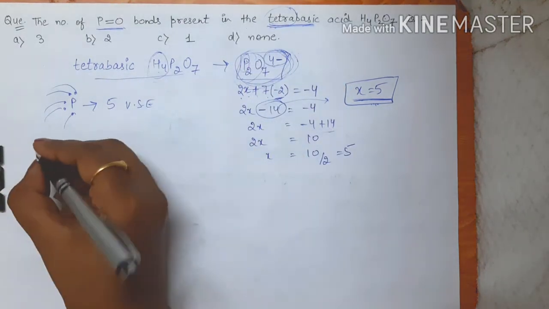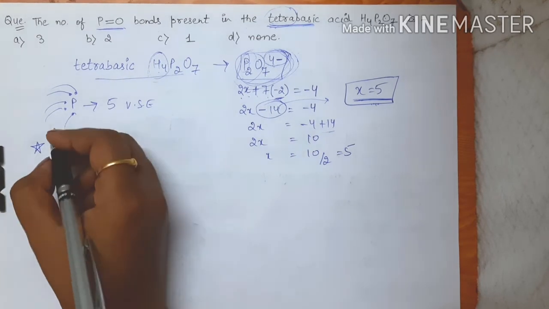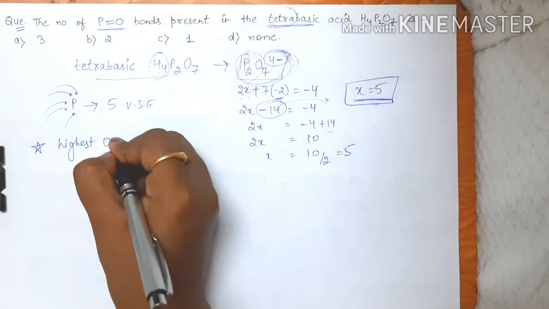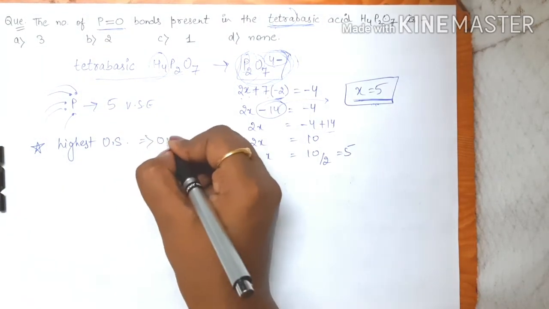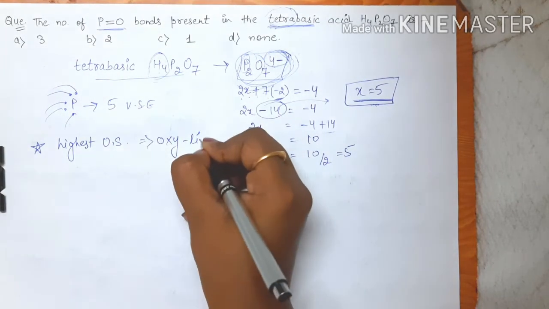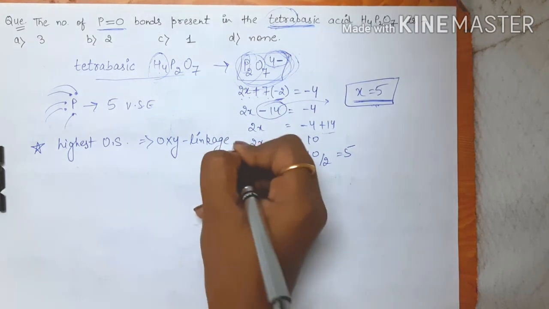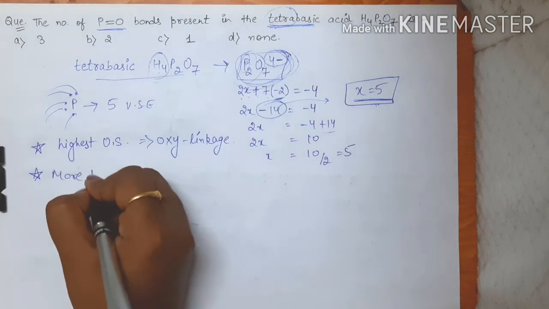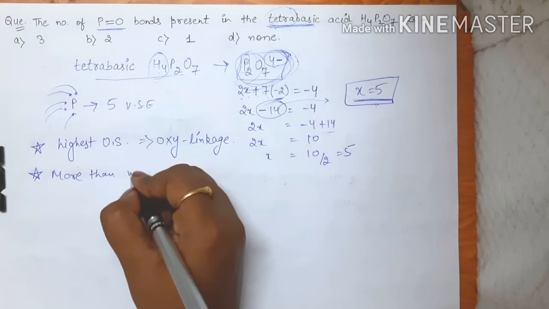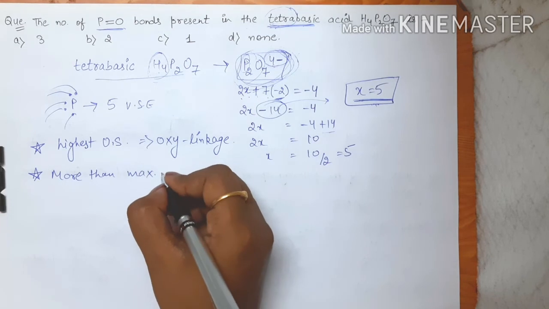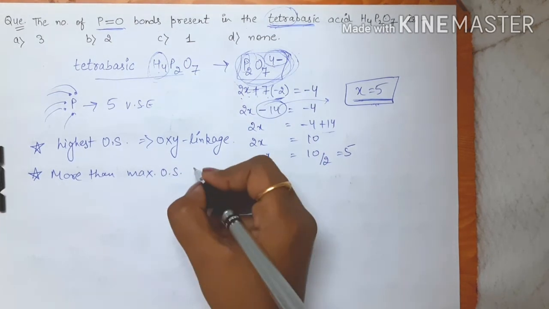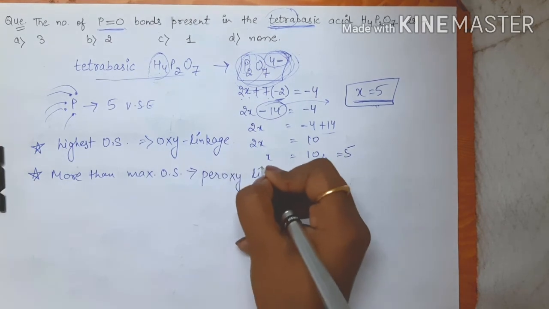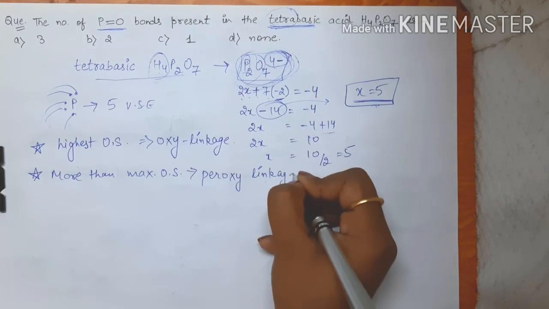So one thing which you can star mark is that at the highest oxidation state, oxy linkages are present in the molecule. For more than the maximum oxidation state of the atom in the molecule, we get peroxy linkage in the molecule.